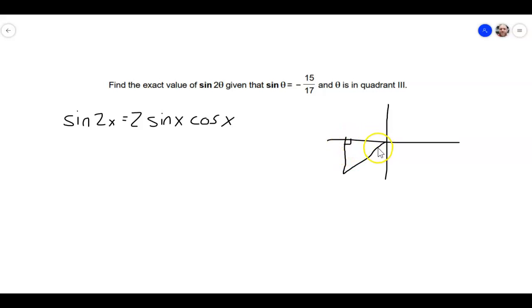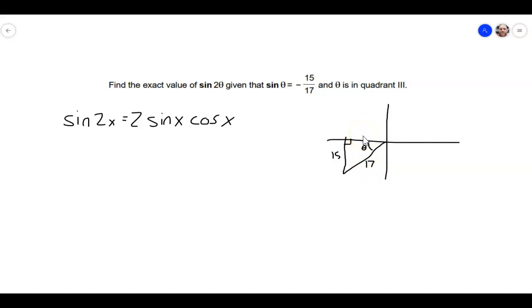We always use the angle originating from the origin, so that is my theta, and the sine is opposite over hypotenuse, so 15 is the opposite, and the 17 is the hypotenuse. So we need to solve for this side here.